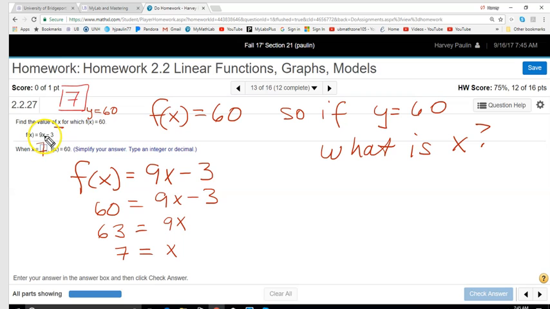So 9 times 7 is 63, minus 3 is 60. So we've solved that. Again, this is sort of intensive. We're going over lots of things here, but we're just touching on it, and hopefully you're seeing a protocol for getting answers.